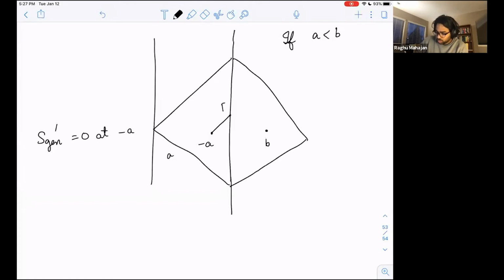So at the point capital B, it must be negative by QNEC, by QFC. But that's a contradiction because the point B is at the boundary. So this situation cannot happen. A less than b cannot happen because of the quantum focusing conjecture. If at the QES the derivative of S_gen is 0, in the future the derivative of S_gen has to be negative. And that's not true in this situation.